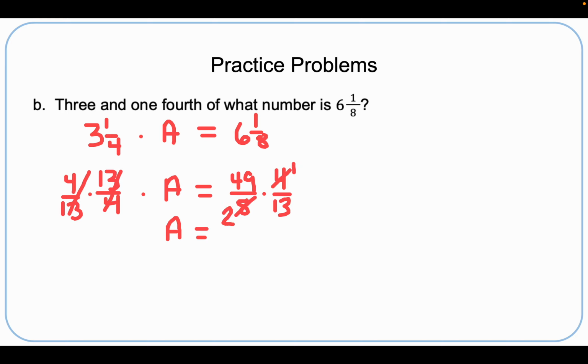That's 2. And then we can multiply across, so 49 over 2 times 13, which is 26. So A equals 49 over 26.